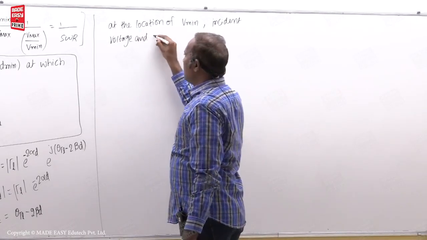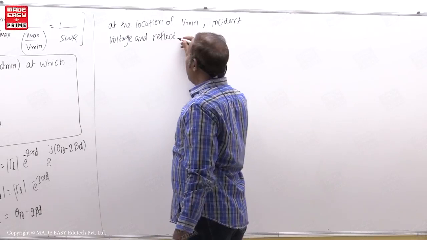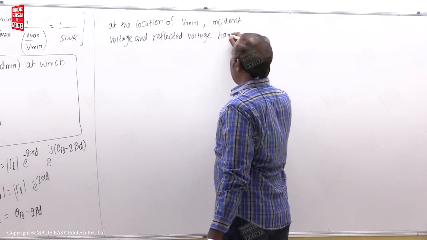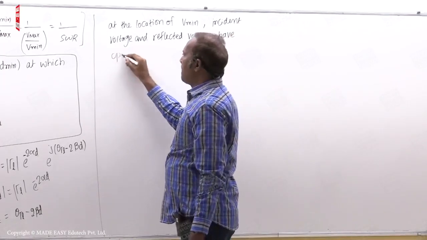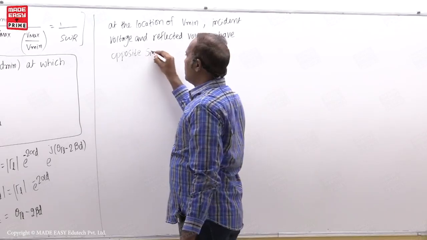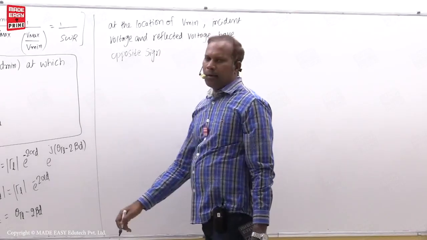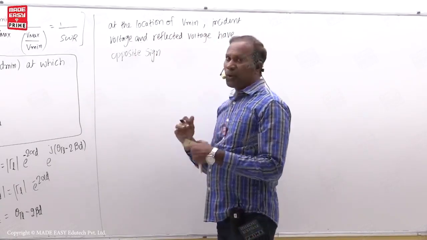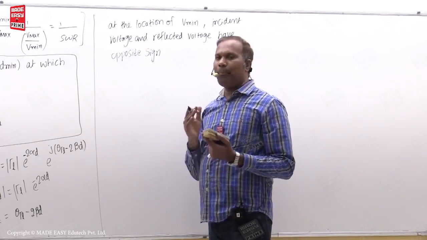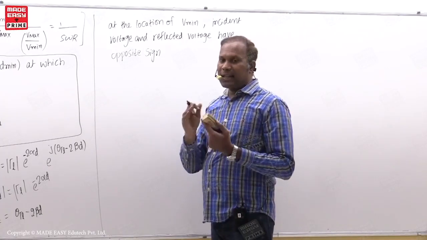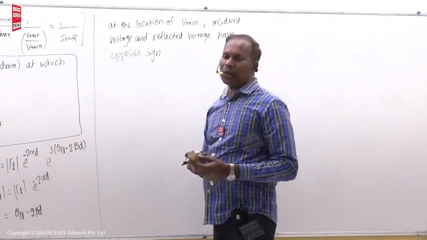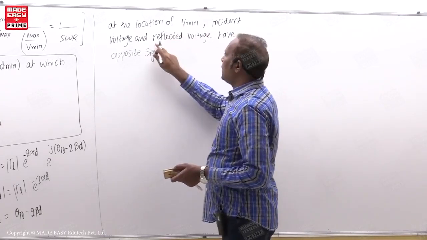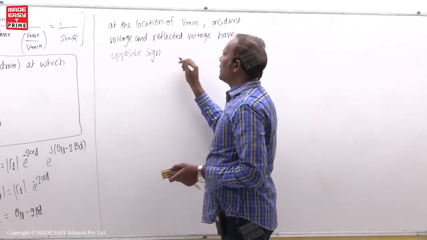That is why V incident and V reflected have opposite sign. Then total voltage is the sum of incident and reflected, so if they subtract you get V minimum. Total voltage minimum you get. So at the location of total voltage minimum, incident voltage and reflected voltage have opposite sign.